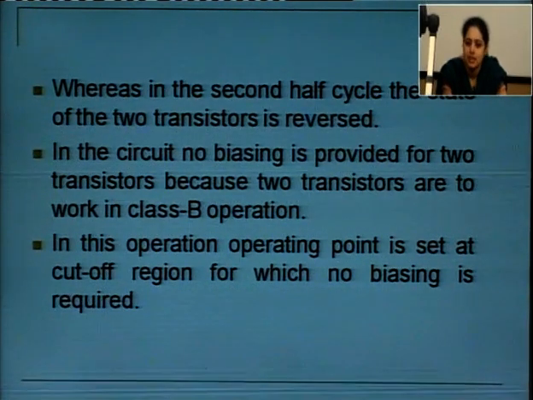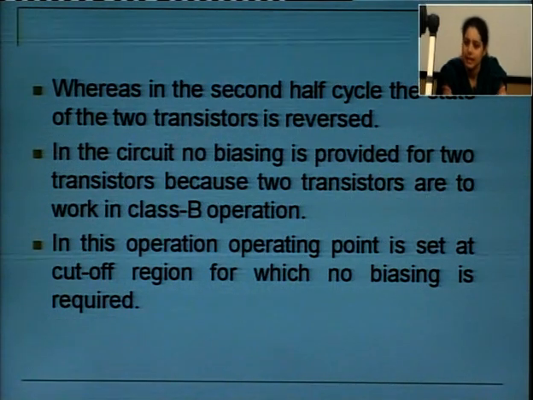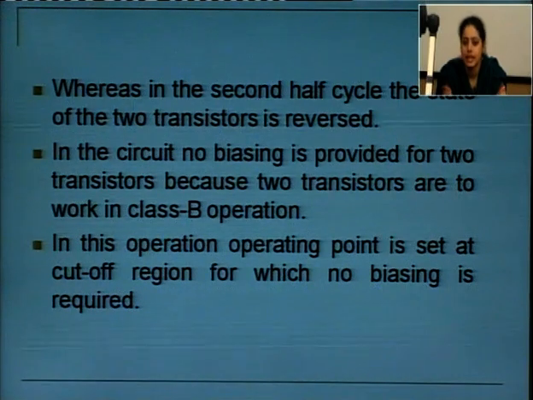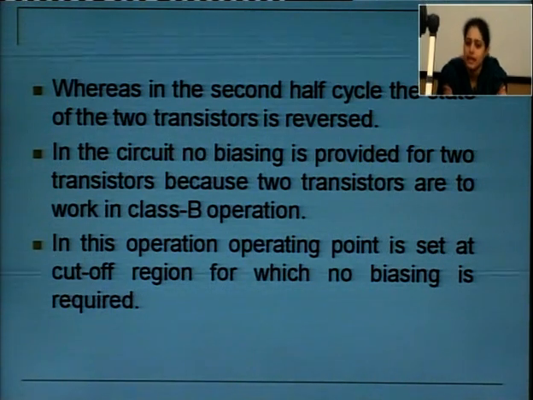Whereas in the second half cycle the state of the two transistors is reversed, that is, transistor 1 at that particular point is non-conducting, that is pulling, and transistor 2 is pushing.